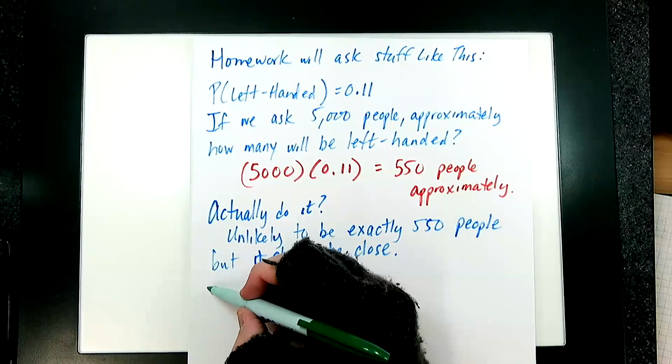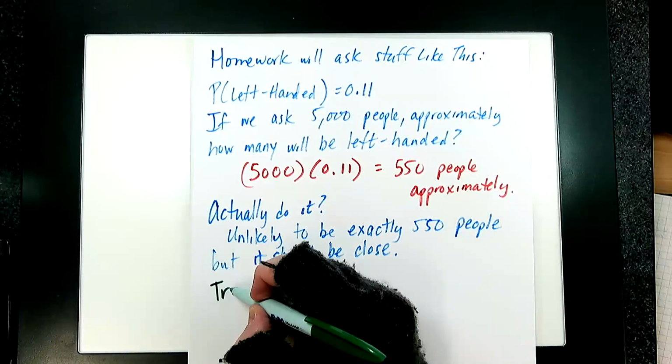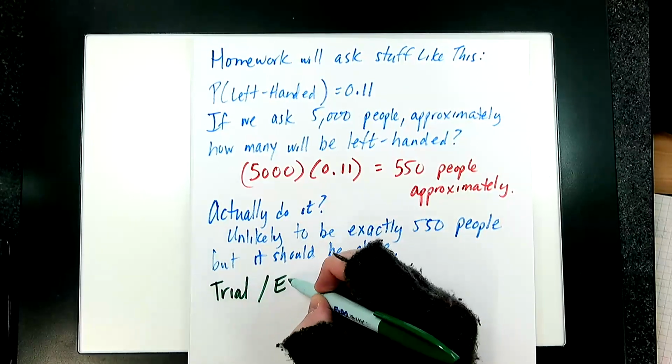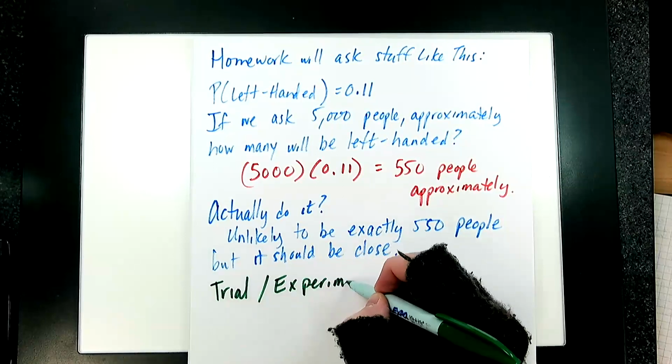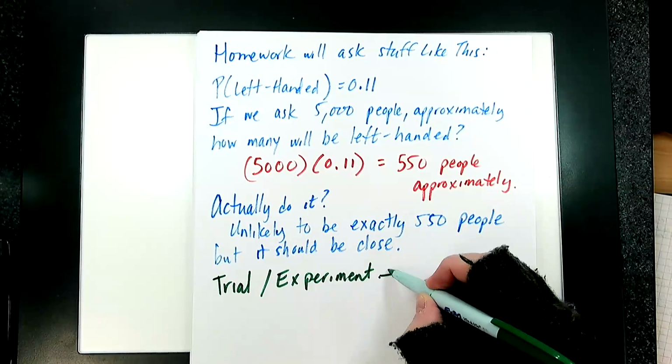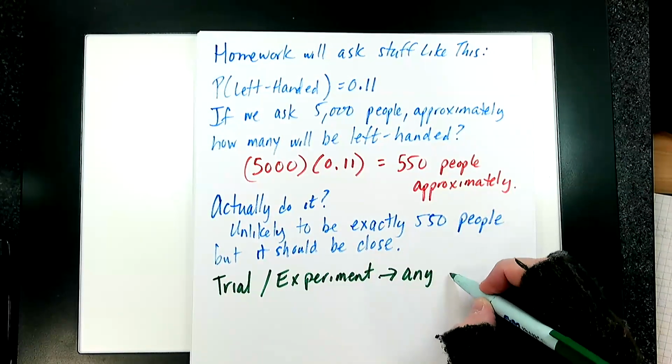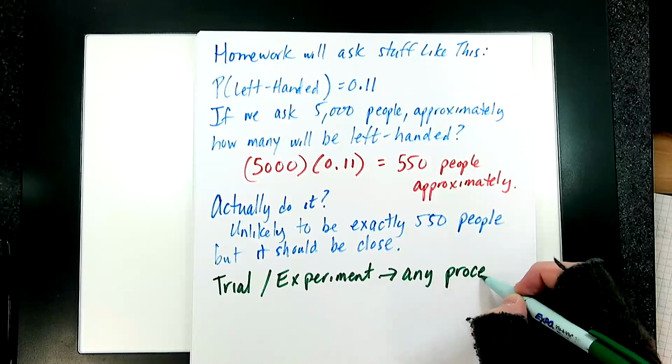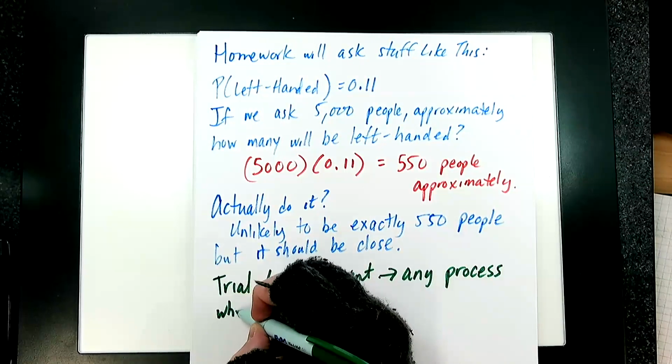So I've been throwing around the word trial or experiment, but I haven't really told you what it is. This is any process where the outcome is uncertain.